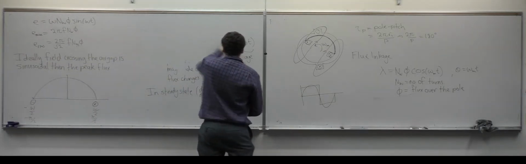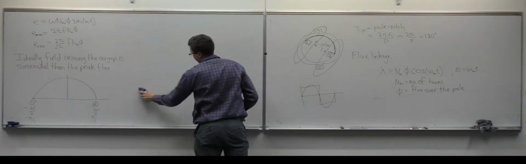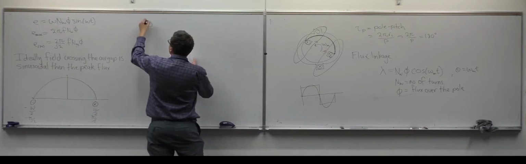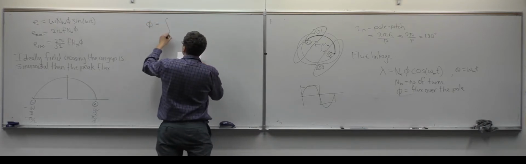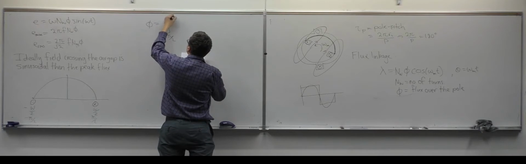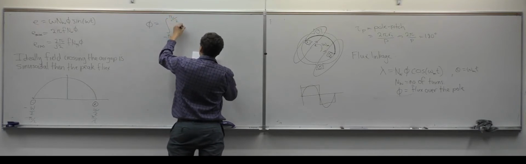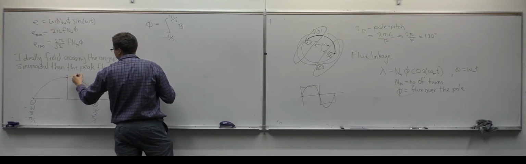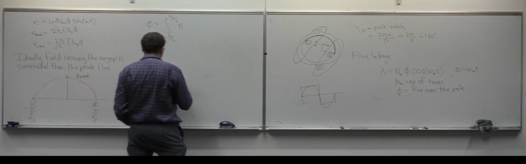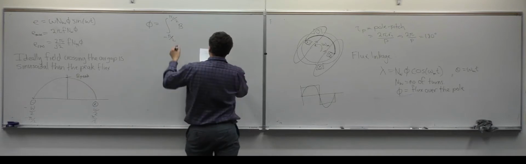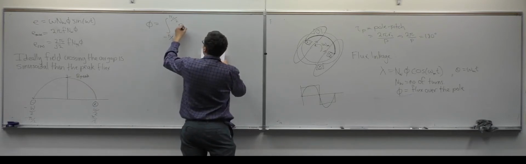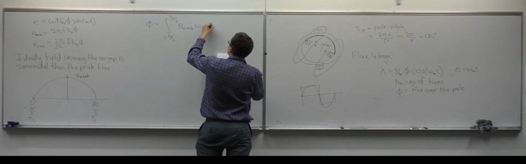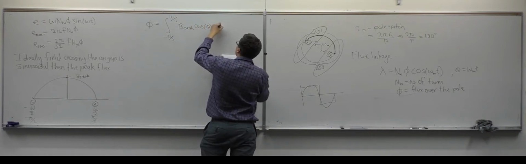This is the ideal case: from minus pi over 2 to pi over 2, where this is the magnitude, B peak. This is elementary, but bear with me. So B peak cosine theta L R d theta.